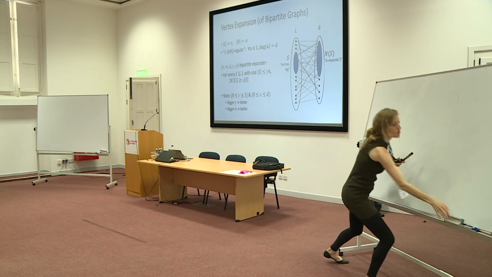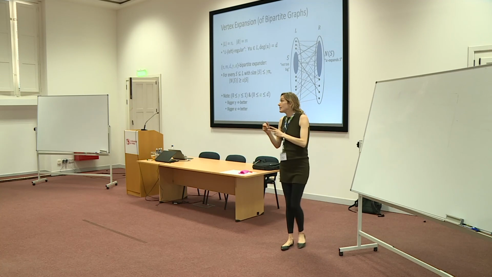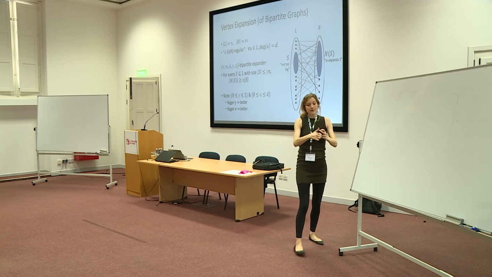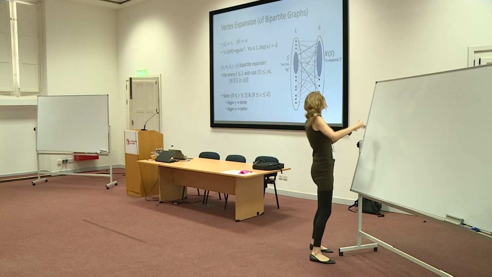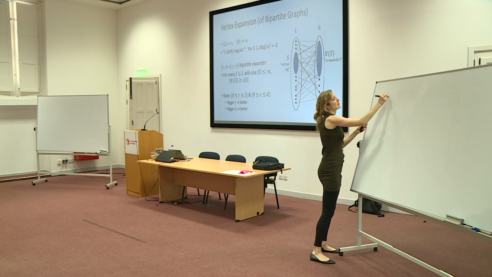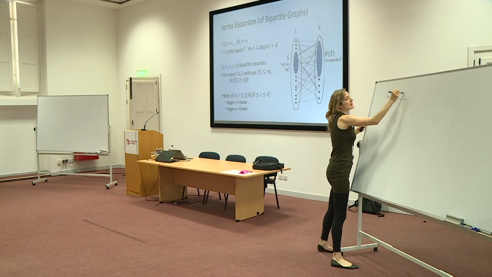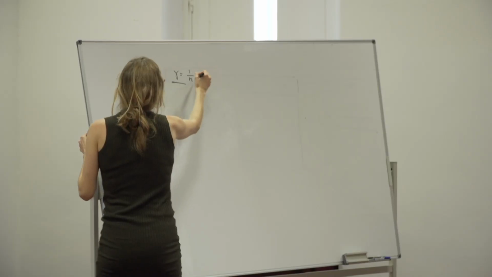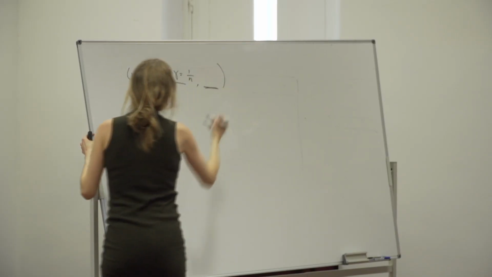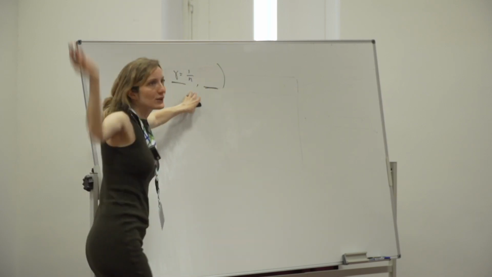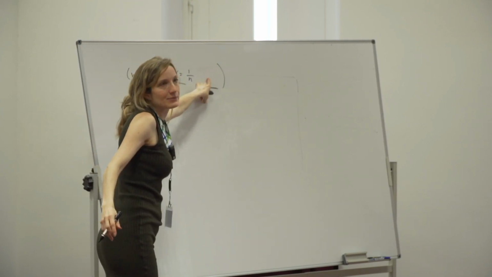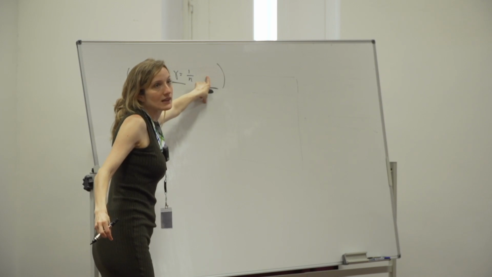So one thing that is always true, no matter what my bipartite graph is, if I'm D-regular, then I do know that, say I have gamma equals 1 over n, I claim no matter what the graph is, I already know I can stick something in here. What is that something?